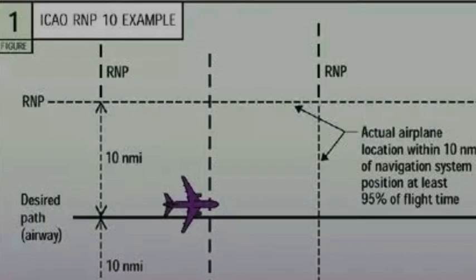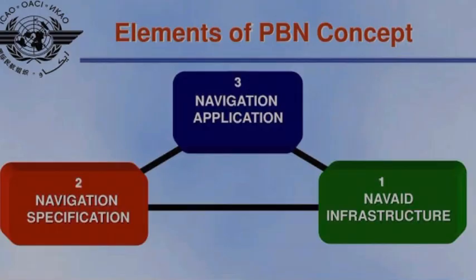Then the second component of PBN, or performance-based navigation, is the navaid infrastructure. As we talked before, it relates to the requirements of the navaids, from which we need the signal, the information to collect, in order to be able to perform our operations successfully.